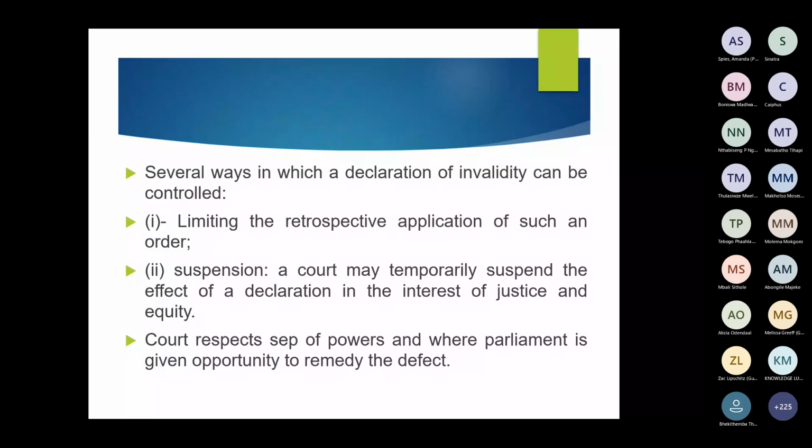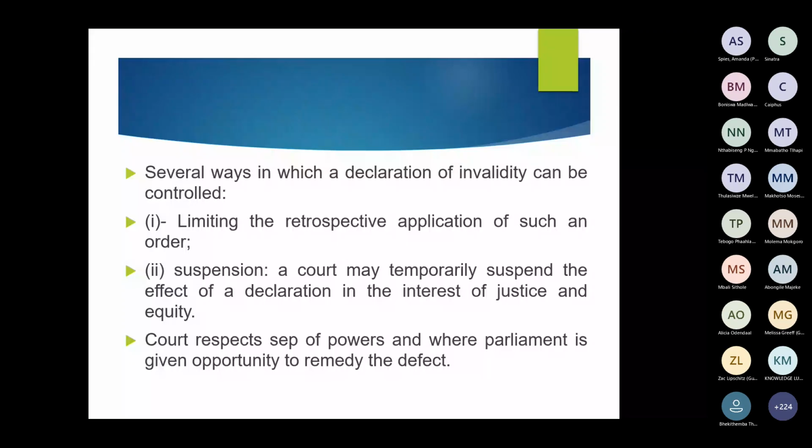Obviously, if Parliament does not act within that prescribed period, the declaration of invalidity comes into force, and that specific section or act would then be invalid and no longer relevant.